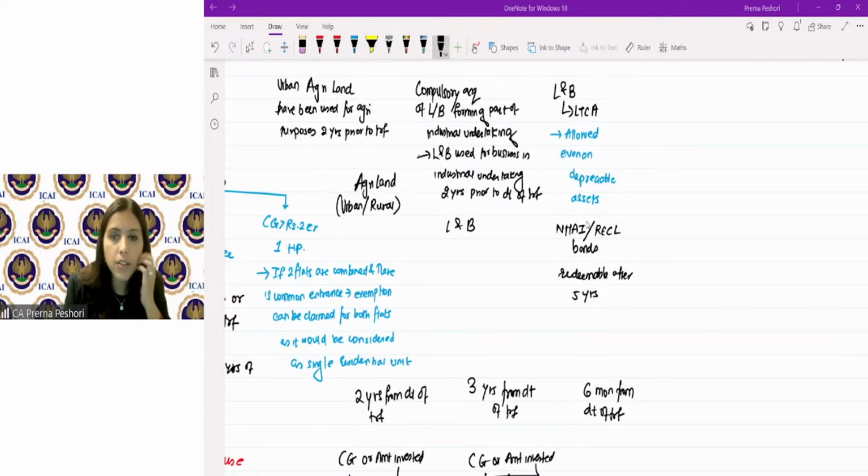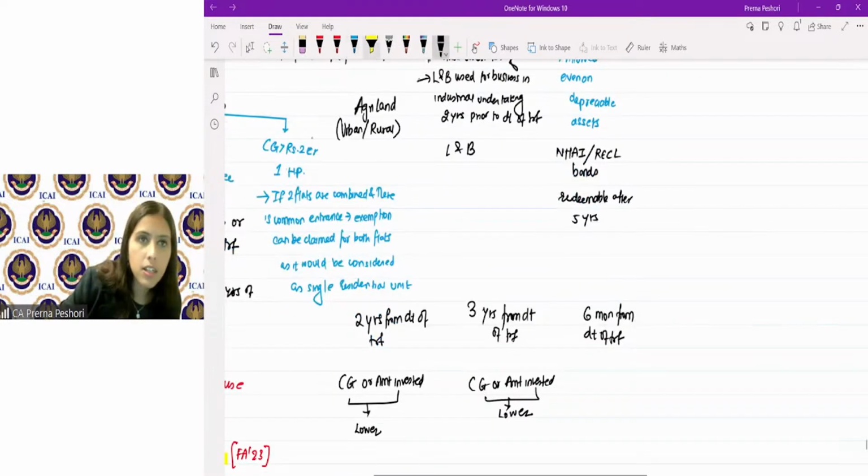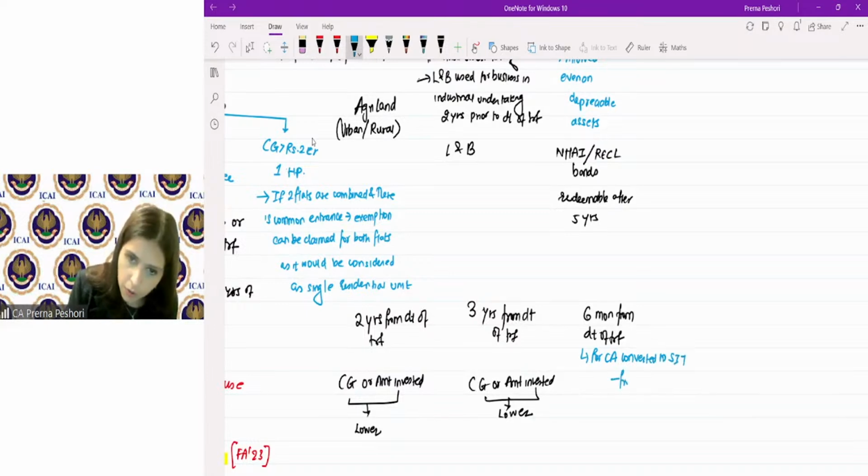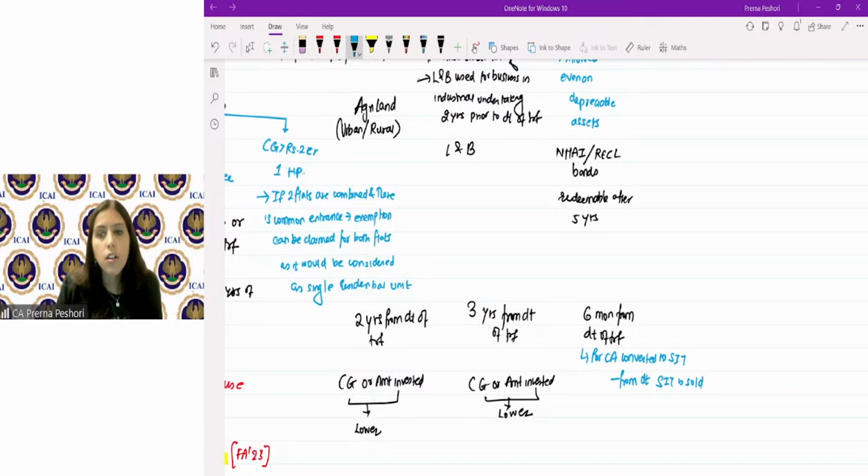So just write down over here: for capital asset converted to stock in trade, from the date the stock in trade is sold. Yes, Usha, very good. Yes, Geeta, correct. So all of you are revising it properly. Clear?